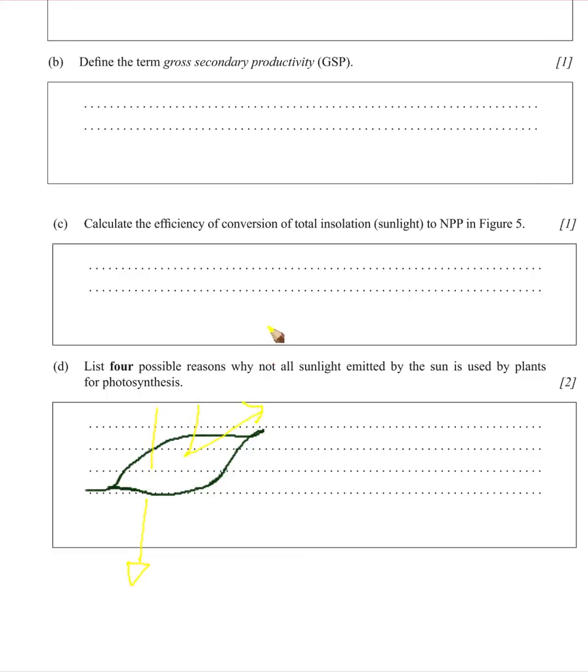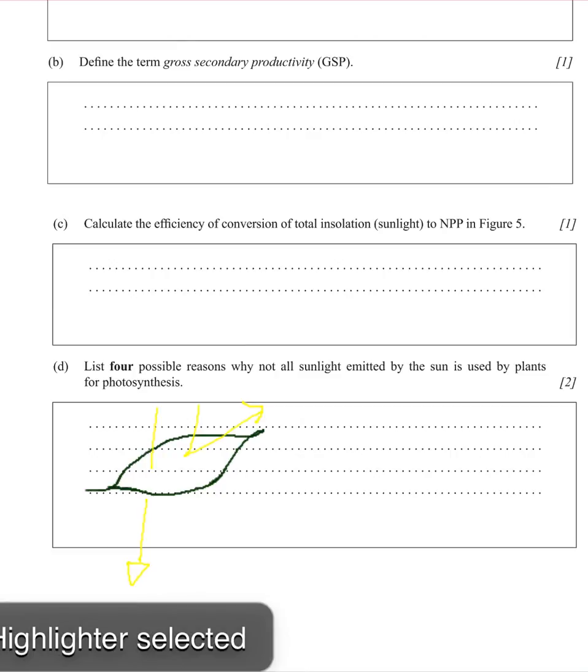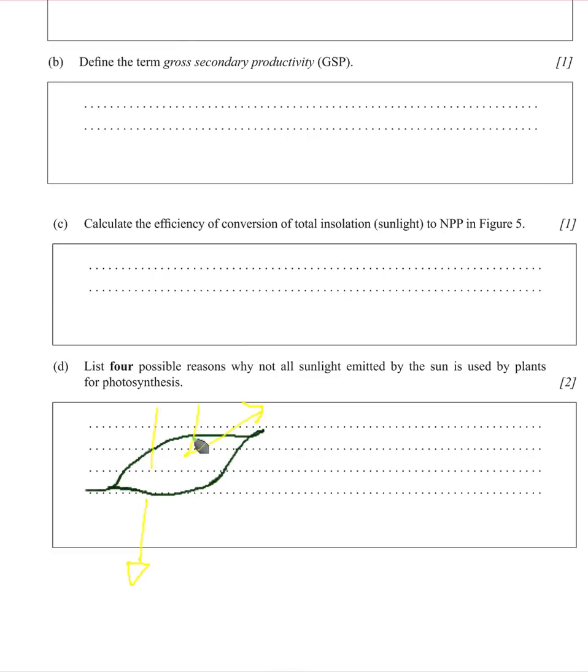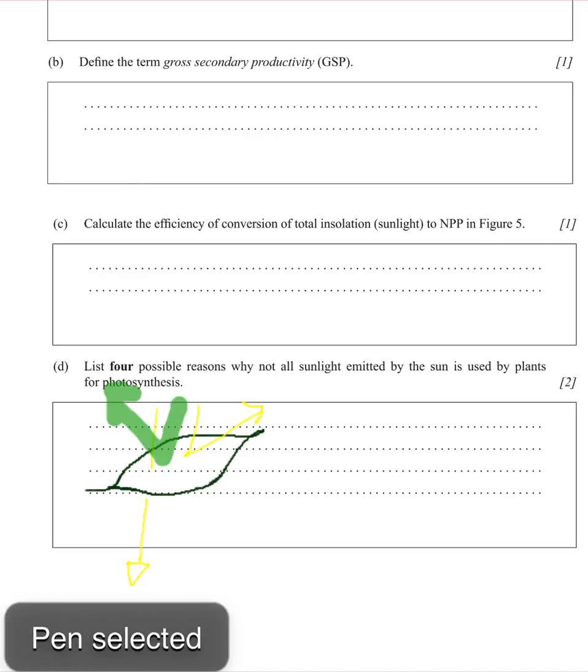Some of the sunlight is not the right wavelength, right? So for the plant to absorb it, there I've drawn the yellow rays, but if the rays are the wrong color, not used by photosynthesis, so for example green, the plant reflects that, that's why it's a green color, then that light will also not be used.